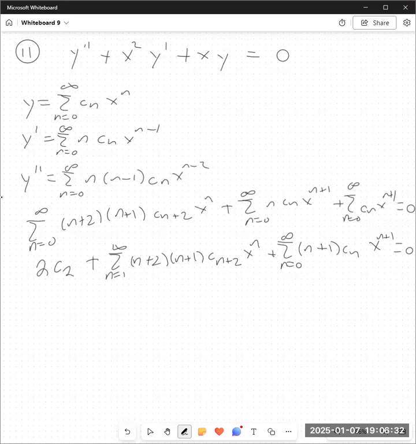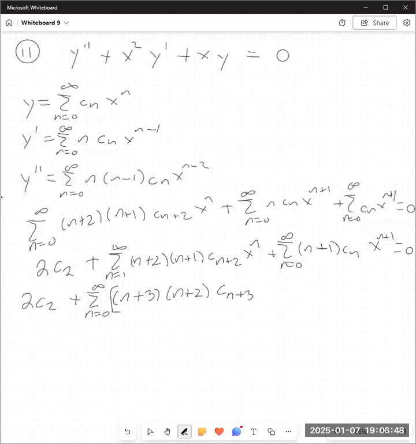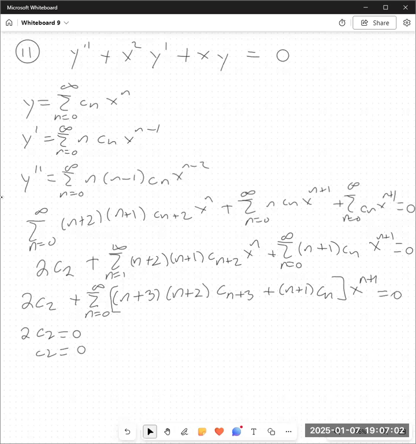And then I'm going to fix this one: the sum from n equals 0 to infinity of n plus 3, n plus 2, c sub n plus 3, plus n plus 1, Cn, x to the n plus 1 equals 0. So 2c2 equals 0, C2 is equal to 0.